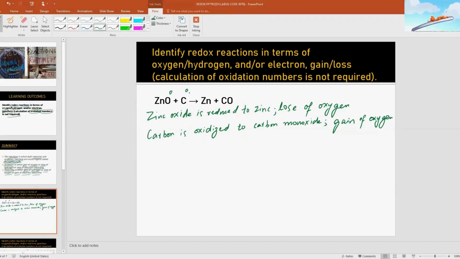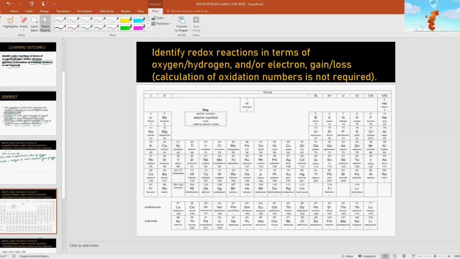Look at this periodic table. We know that oxygen belongs to group 6, so it carries -2 charge. And we also know that zinc carries +2 charge.